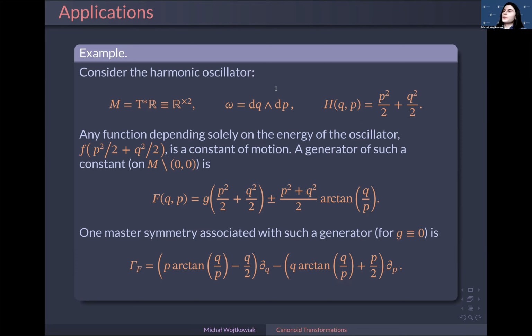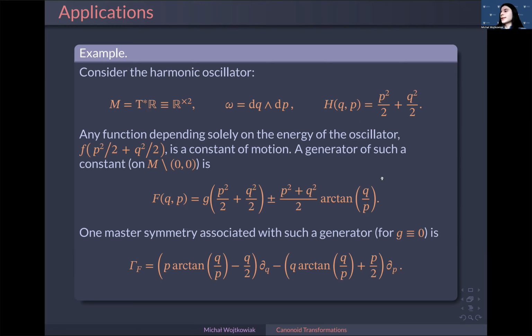And if we just for now remove zero from our symplectic manifold, the generator of such a constant is of this form, with g being some, again, arbitrary function depending on energy. And we have this term proportional to the arctangent of q over p.